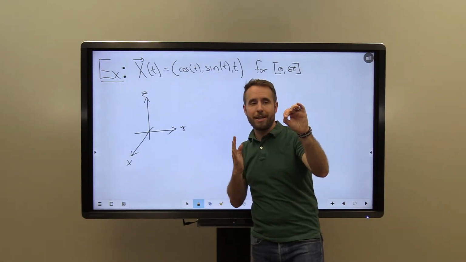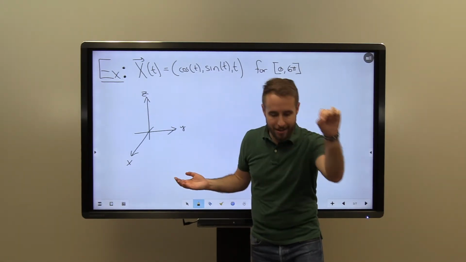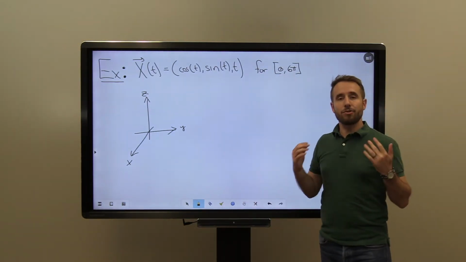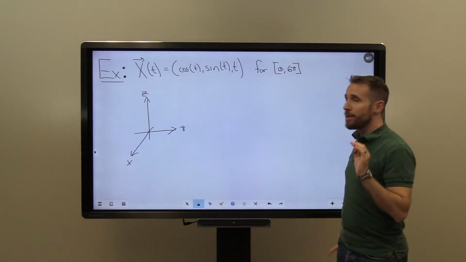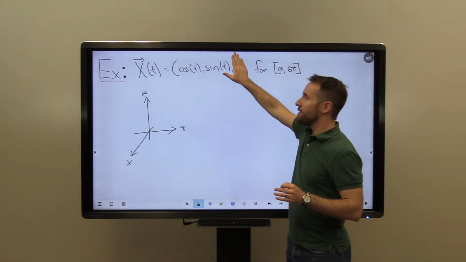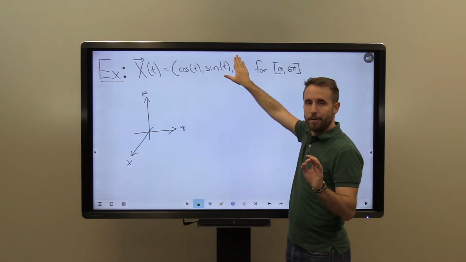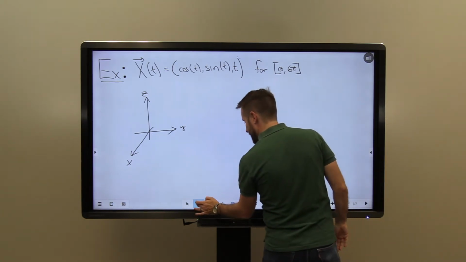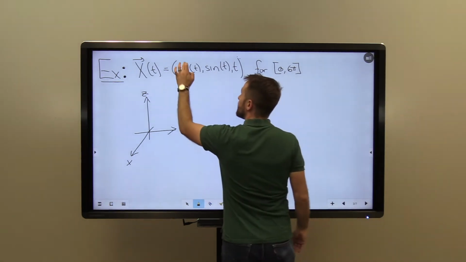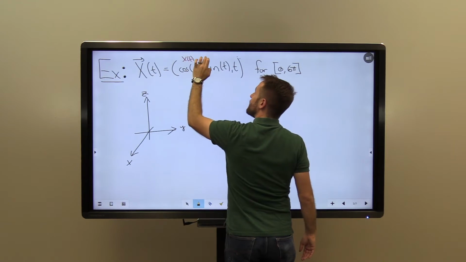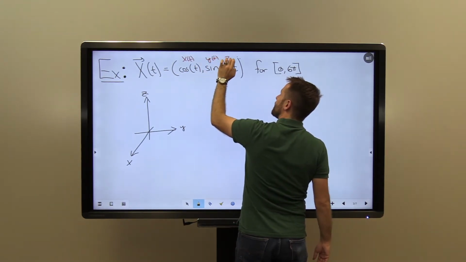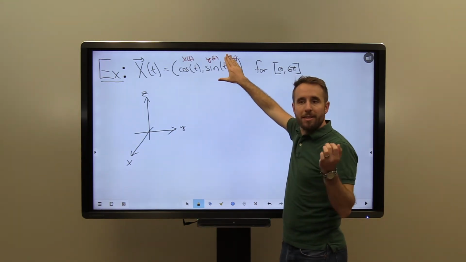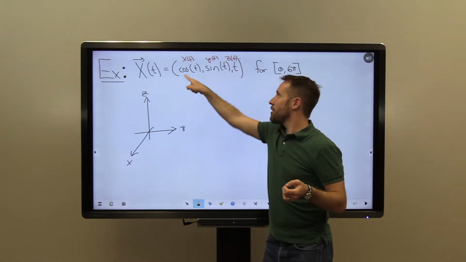As we go forward in time, we imagine this particle tracing out some sort of curve in 3-dimensional space. But what curve is it tracing out? If we cover up the third component for a moment, the x and y components, our x of t and y of t, are just cosine comma sine.